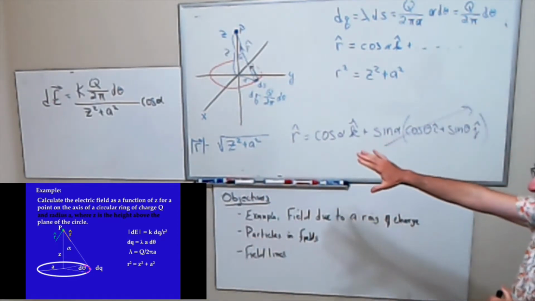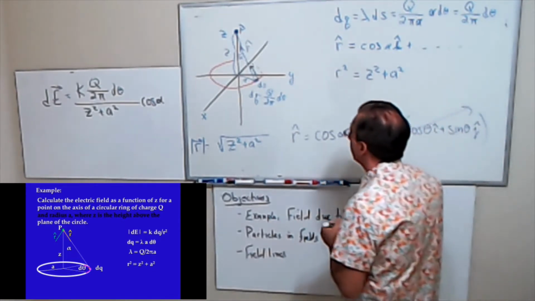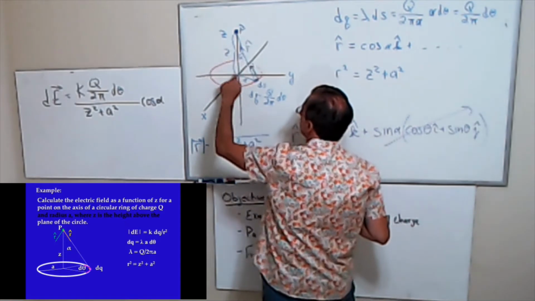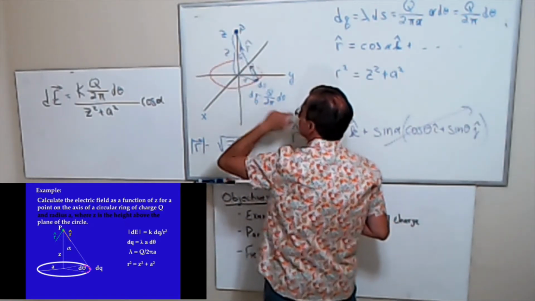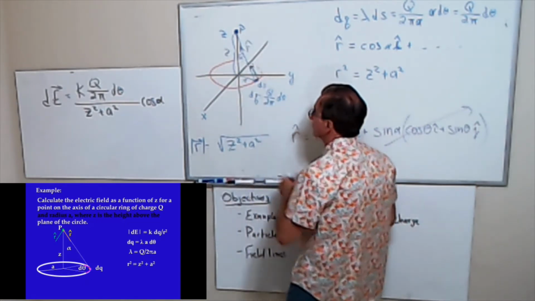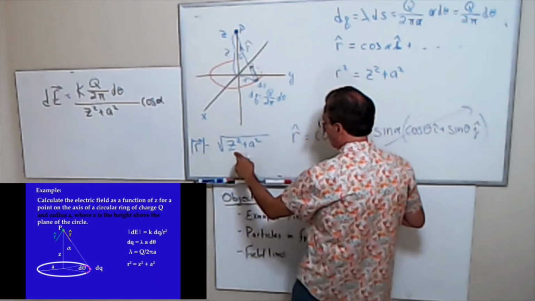Now, I can rewrite cosine of alpha because it's a constant. I can write it in terms of these two because cosine of alpha is adjacent over hypotenuse. So it's going to be basically z over r.